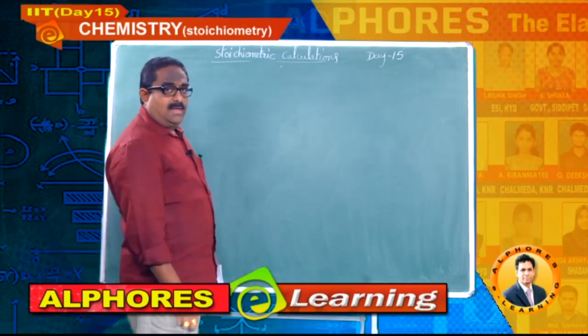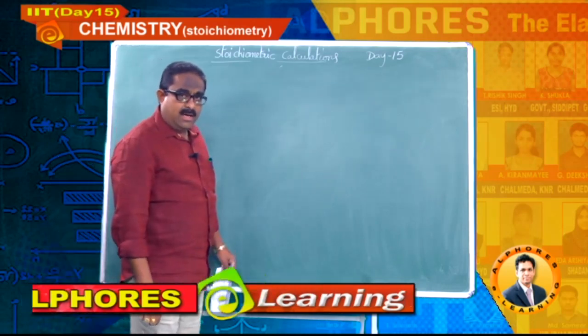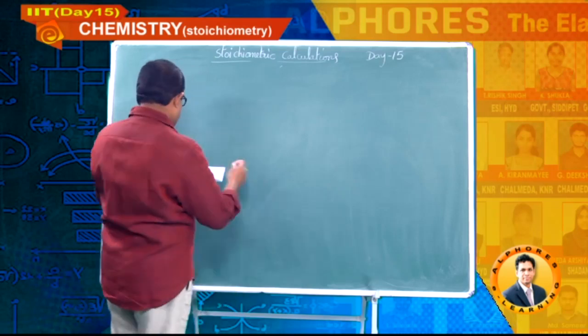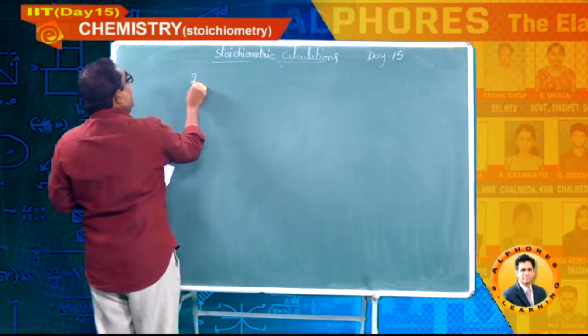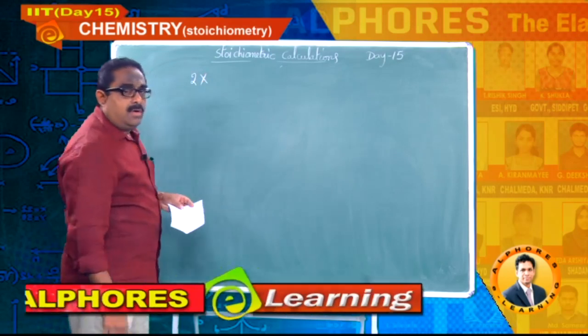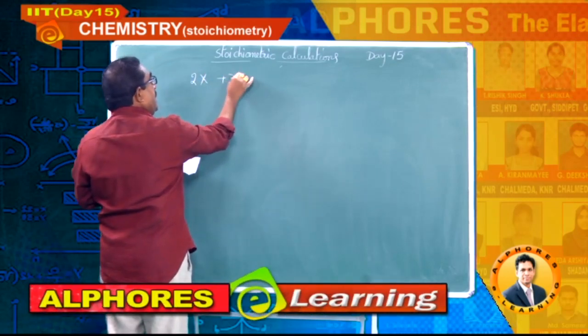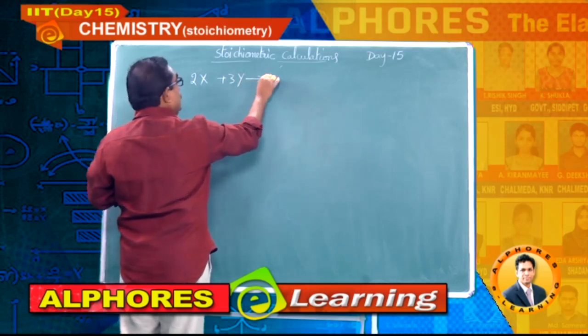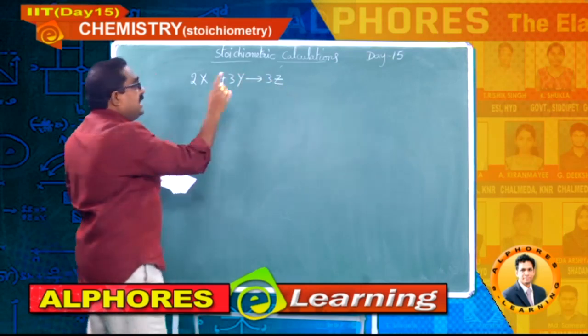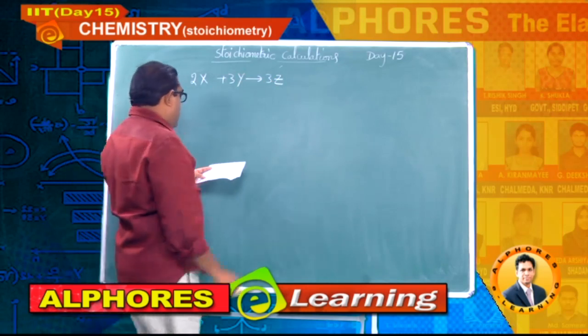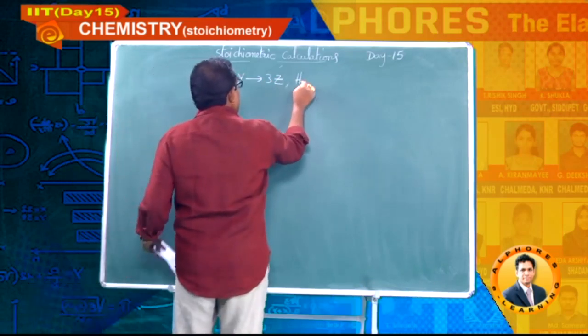Okay, students, let me go for the next numerical. You please note it down. 2 moles of x plus 3y gives rise to 3z, where x, y, z are chemicals.